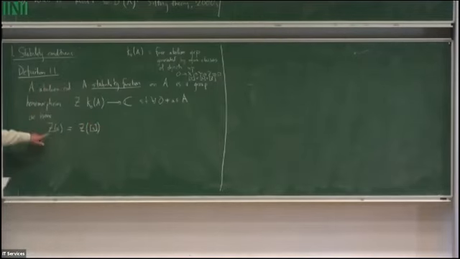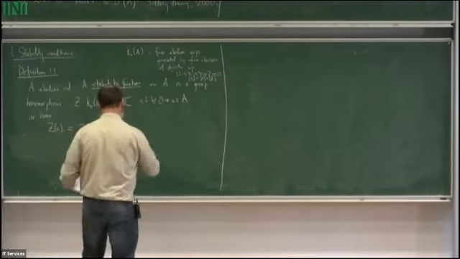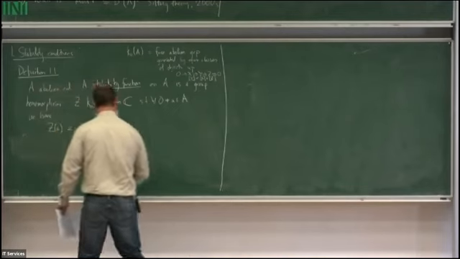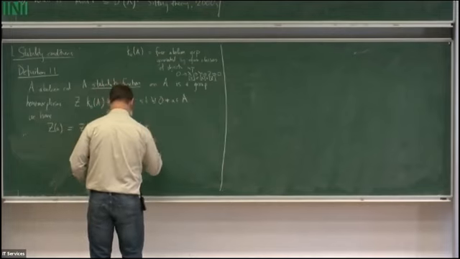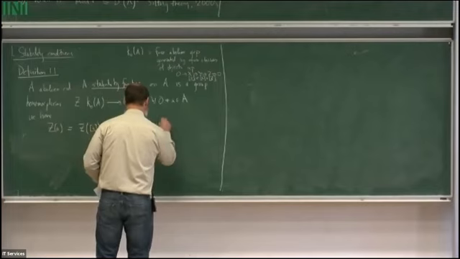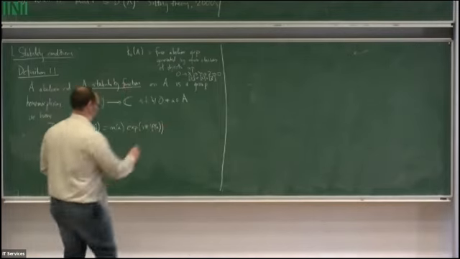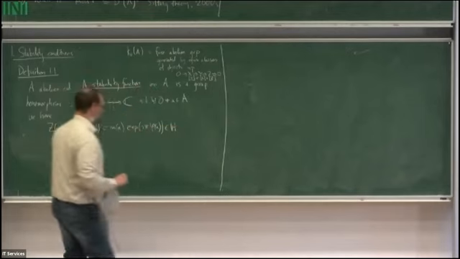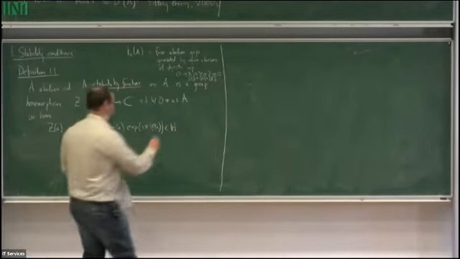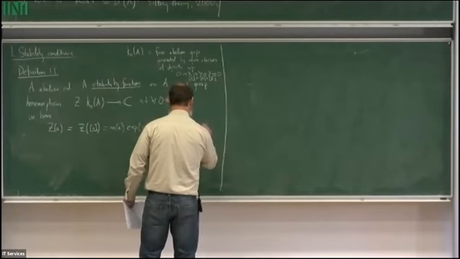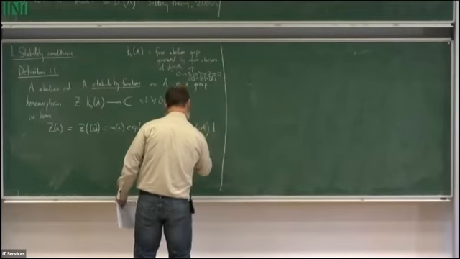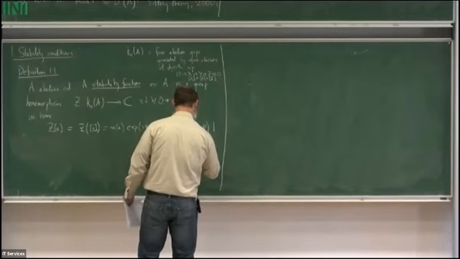I'm always going to write Z of A and abuse notation and not write the equivalence class, is equal to m(A) e to the i pi phi(A), which has to sit in the strange upper half plane, which is r e to the i pi phi, where r is strictly bigger than 0, and phi runs between 0 and 1.